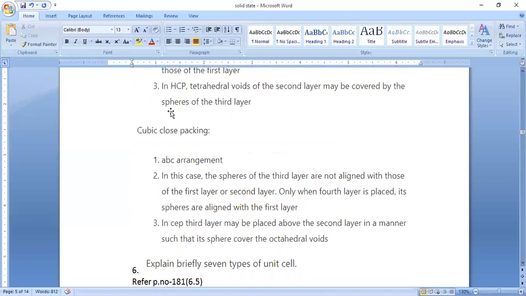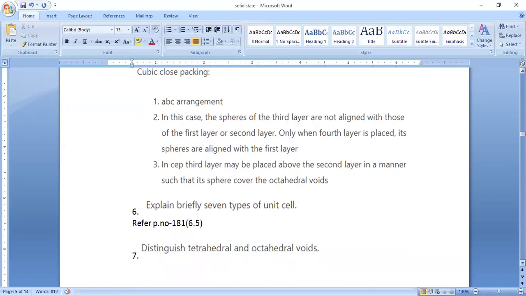In cubic close packing, ABC arrangement, so there is no similarity between the first and the third layer. Again, the first layer is similar to the fourth layer only. So that is the difference between cubic close packing and hexagonal close packing.